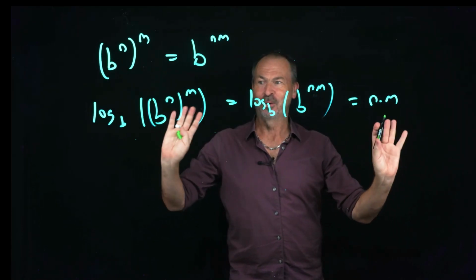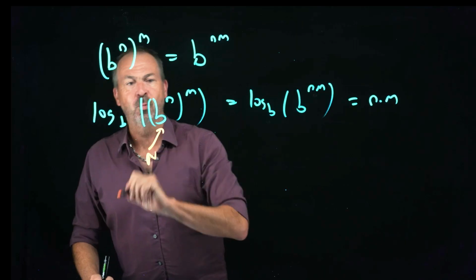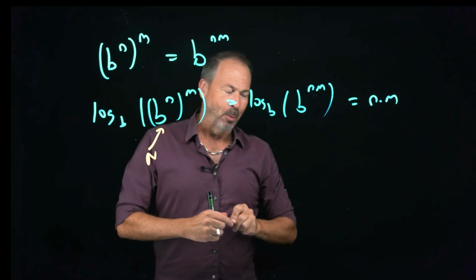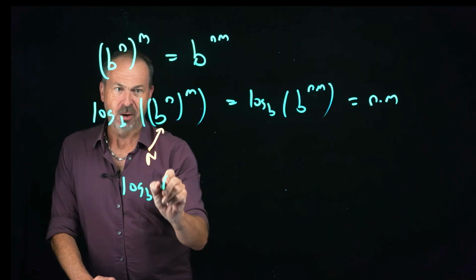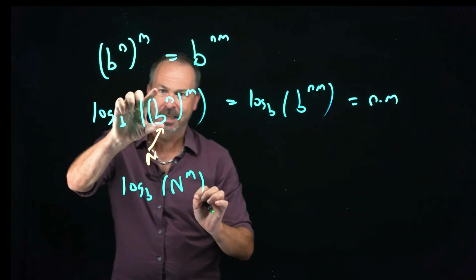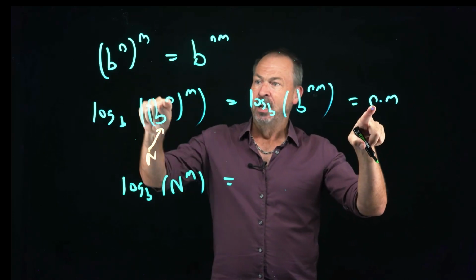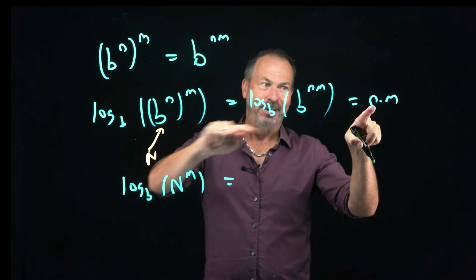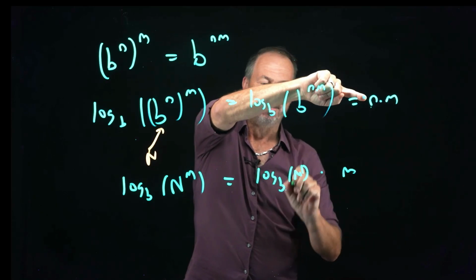Right, great. But we called this capital N at one point. So let me translate what we just wrote in terms of capital N. It's saying log base b of N to the mth power is, okay, n, well, n is the power of b that gives capital N, log base b of capital N times m.